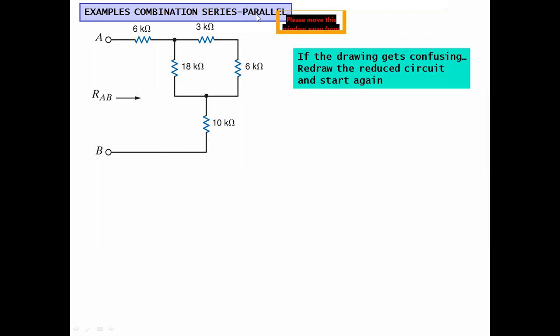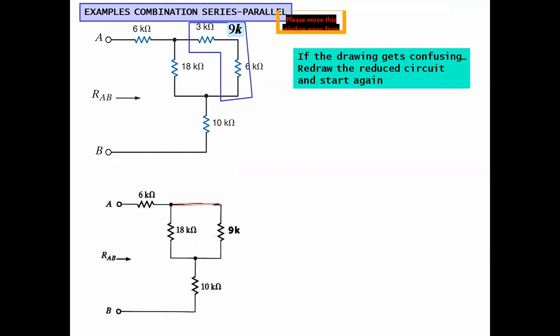By observing the given circuit, we can say this 3 kilo ohm resistance and 6 kilo ohm resistance are connected in series. So first we will simplify these two resistances. 3k plus 6k will give us 9 kilo ohm resistance. After that, we'll draw a simplified diagram.